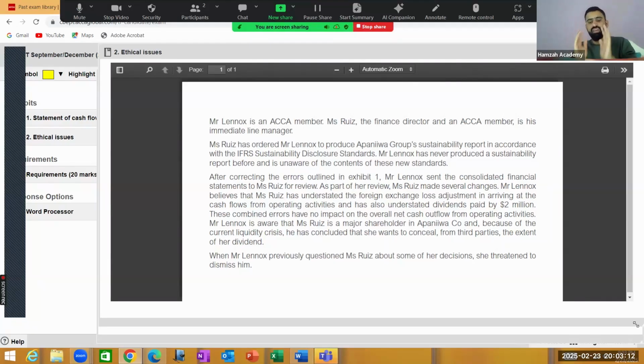Now, here, Mr. Linonix is an ACCA member, and Miss Ruiz, the finance director and ACCA member, is his immediate line manager. Miss Ruiz has ordered Mr. Linonix to produce a group sustainability report in accordance with the IFRS Sustainability Disclosure Standards.